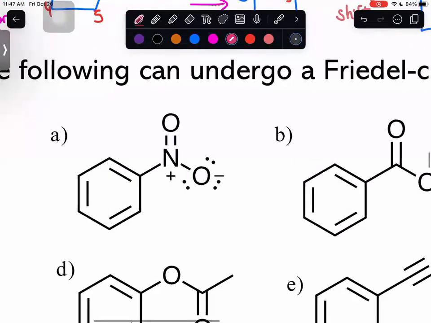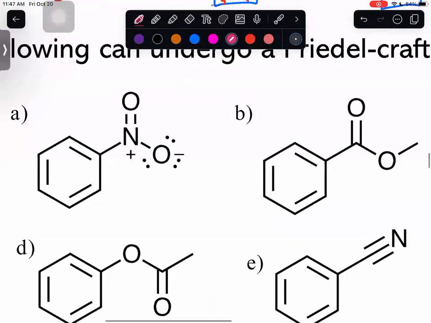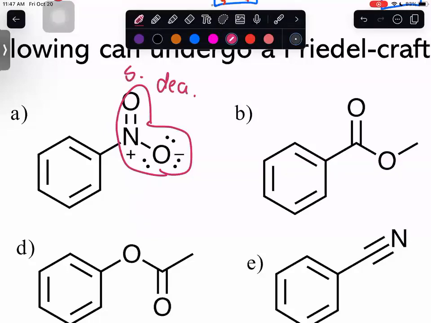So in this case, let's just go molecule by molecule. Molecule A. In this case, we see NO2. Is it a withdrawing or donating group? It's a withdrawing group, which means that it's a deactivator. More specifically, it's going to be a strong one because remember, the only weak deactivators are your halogens.